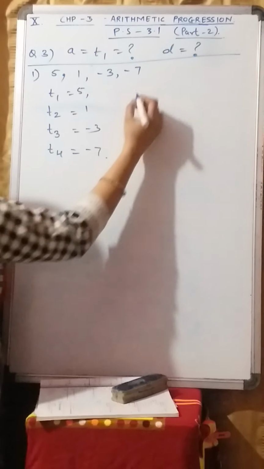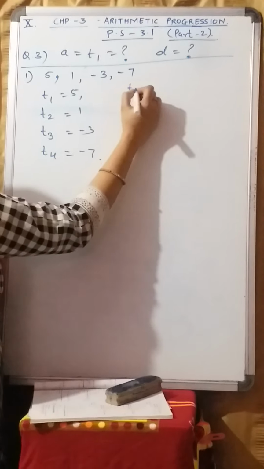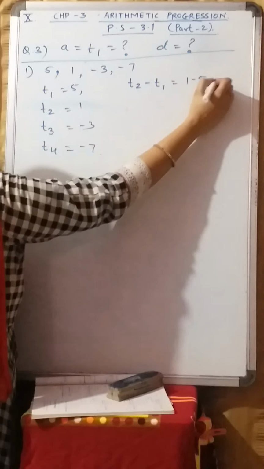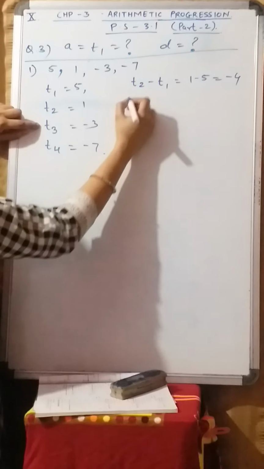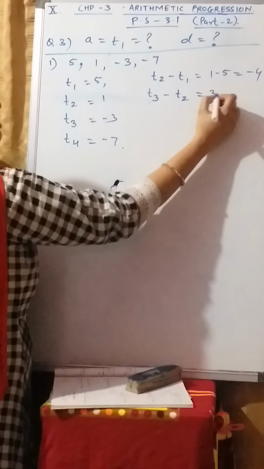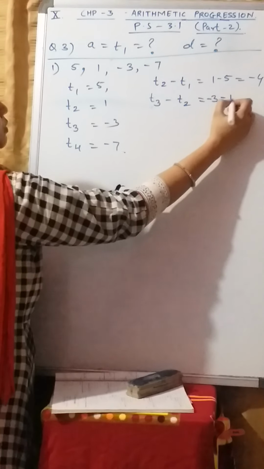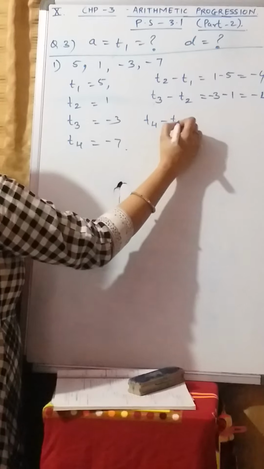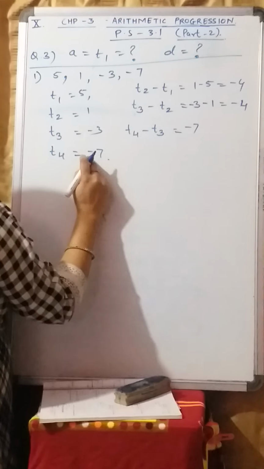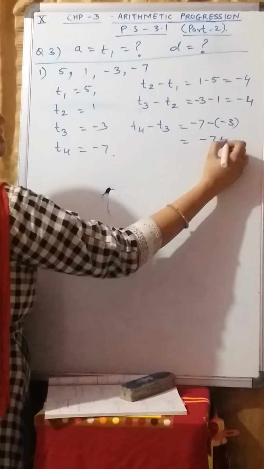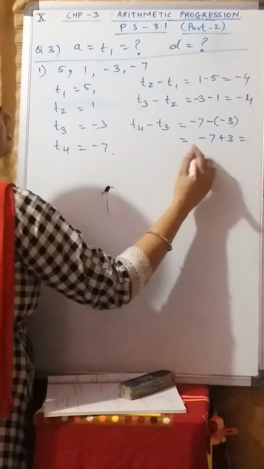To find D, what you will do? T2 minus T1, that is 1 minus 5, it is -4. Then T3 minus T2, that is -3 minus 1 is -4, and T4 minus T3 is -7 minus -3, means -7 plus 3, and it is again -4.